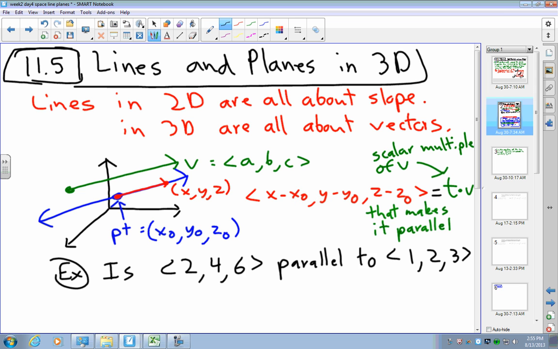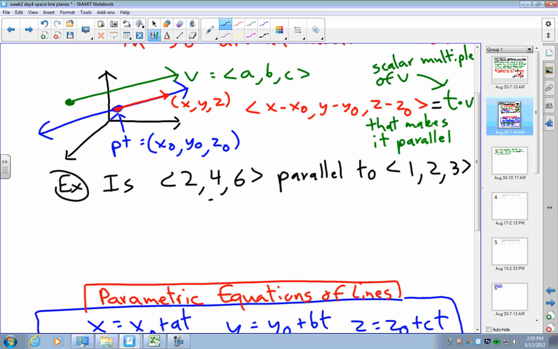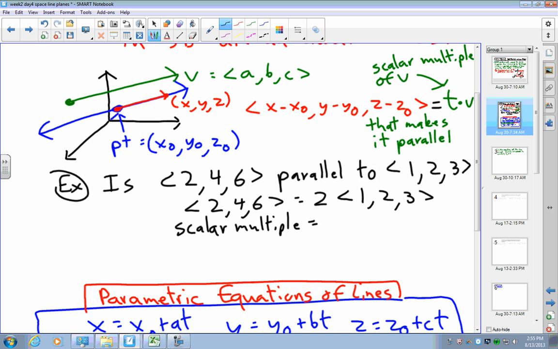Is that the same directional units as going 1 positive x, 2 positive y, and 3 positive z? And you would say, yeah, because 2, 4, 6 is a scalar multiple, 2 times that 1, 2, 3. So since that is a scalar multiple, that equals parallel vectors.